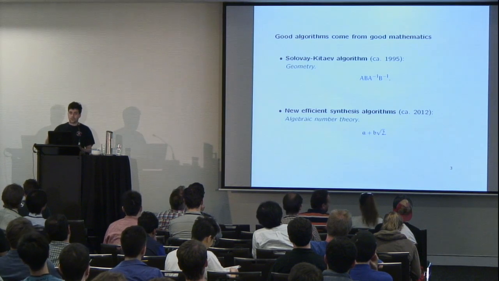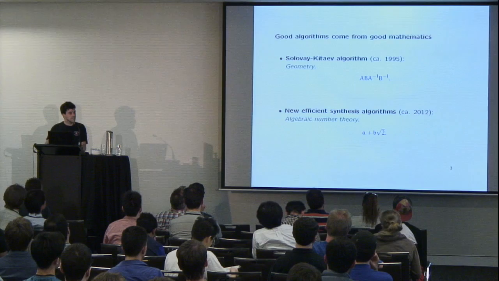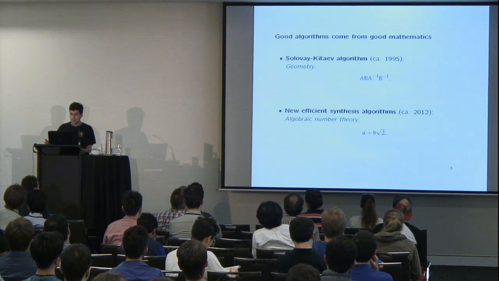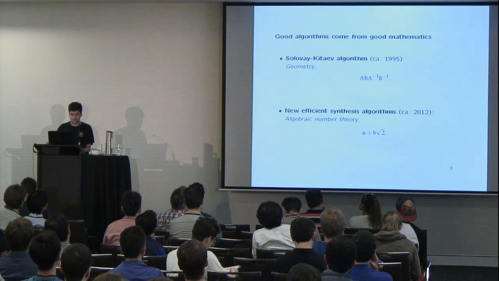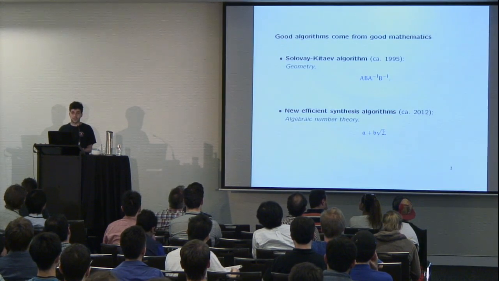When you wanted to learn about the Solovay-Kitaev algorithm, you needed to learn about geometry, about Lie groups and commutators. But as of recently, in 2012 essentially, if you want to learn about quantum compiling, then you should learn about number theory.